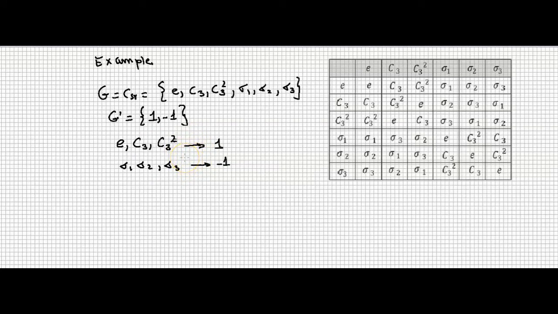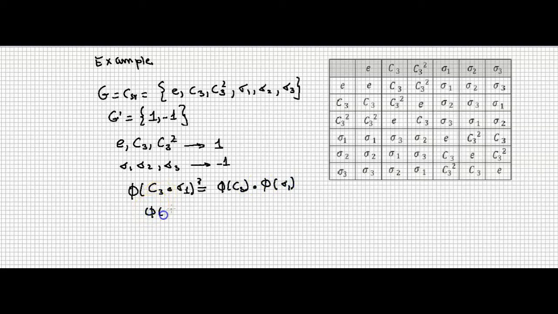So how can we prove that? We can prove that by verifying the multiplication table. So for example, I will take an example here. Is phi of C3 multiplied by sigma 1 equal to phi of C3 multiplied by phi of sigma 1?